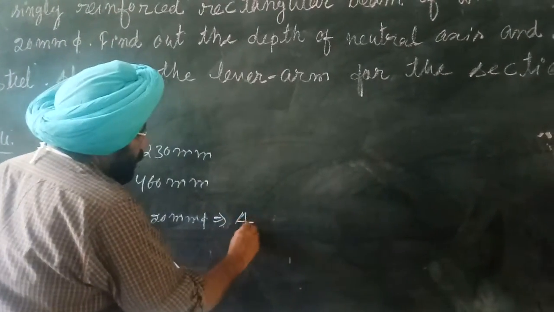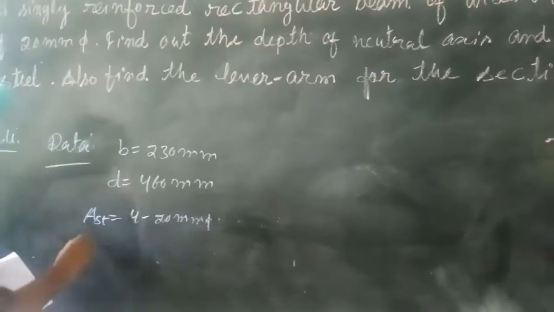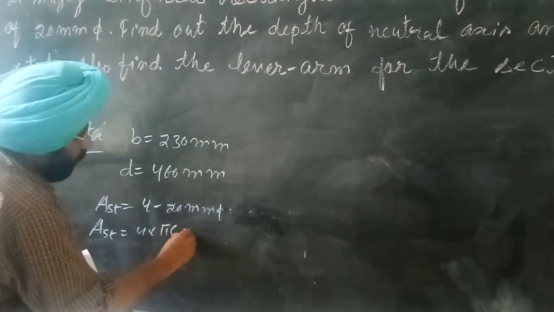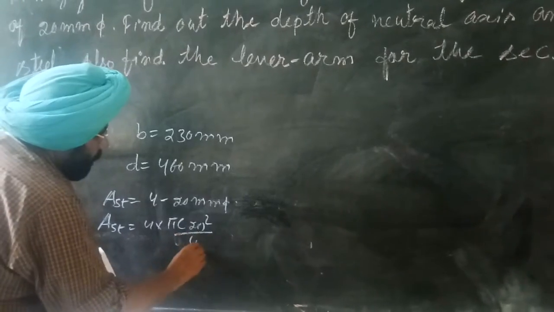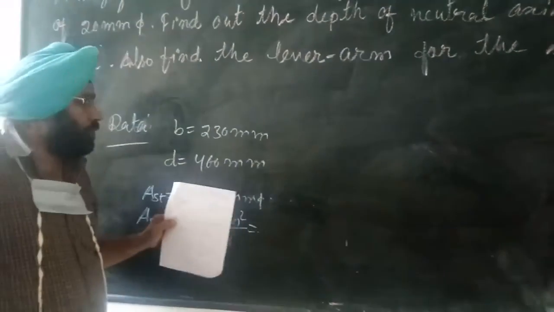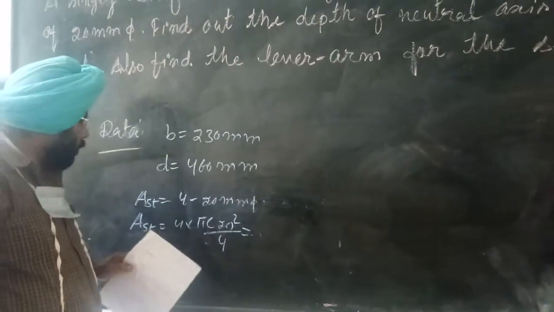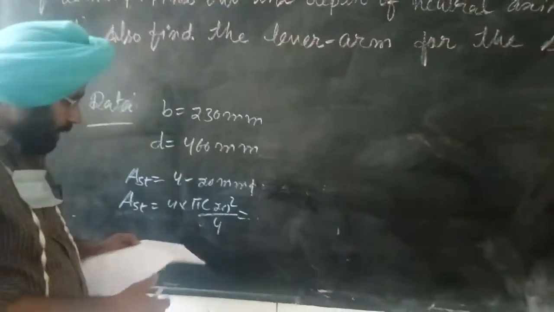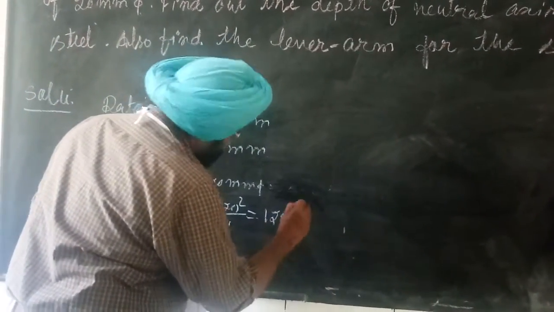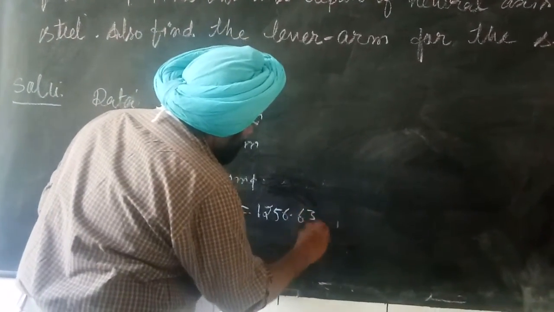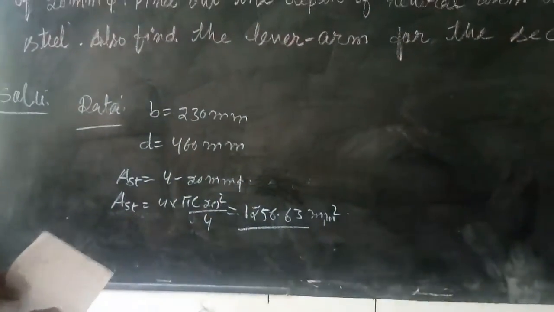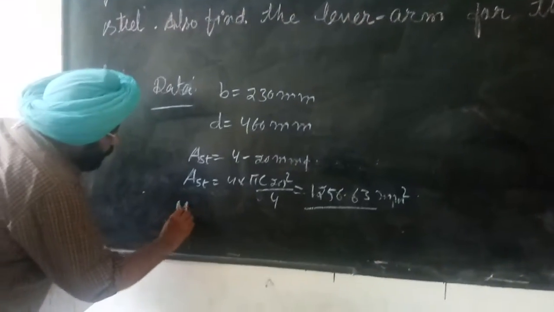Means Ast equal to 4 into pi d square by 4, pi into 20 square by 4. This is the cross section area of 1 bar, and there are 4 bars of 20 mm. So the total cross section area of the steel in tension is equal to 1256.63 square millimeter.